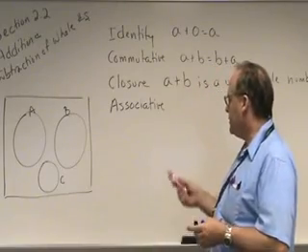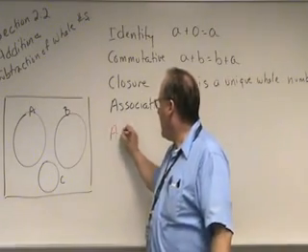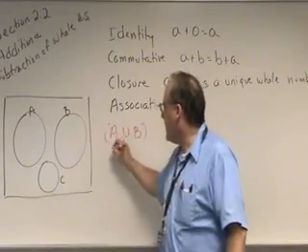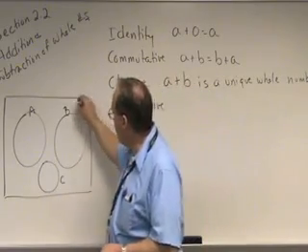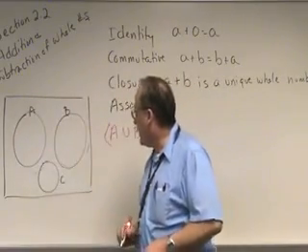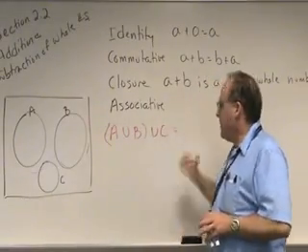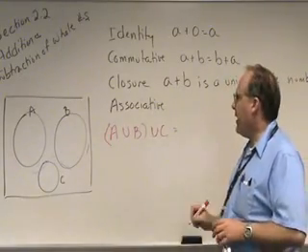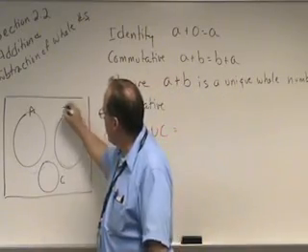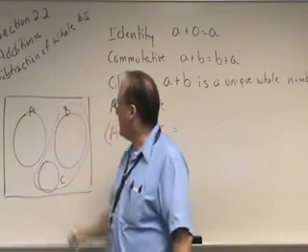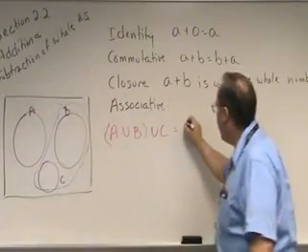And so with the associative property, you can see here that A union B, if I take A union B and put those sets together, that'll create one larger set, and then I can put it together with C. But that's going to give me the same result as if I took B and C here, put them together first, took the union of them, and then enclosed A as well.